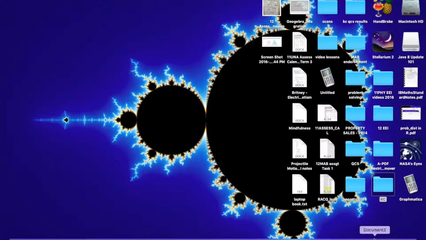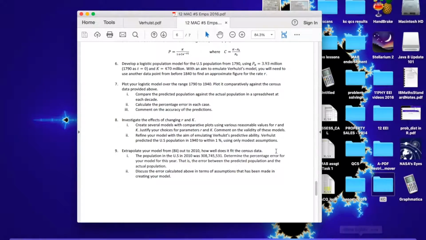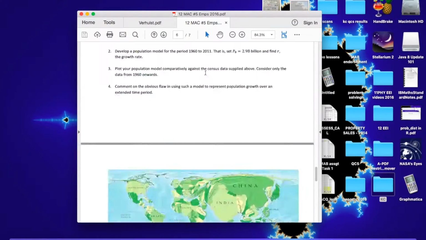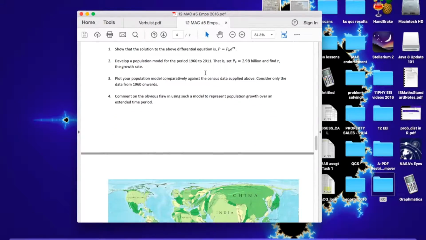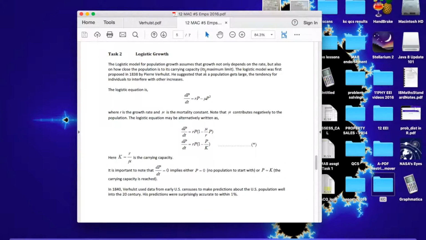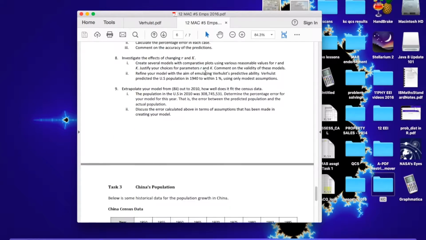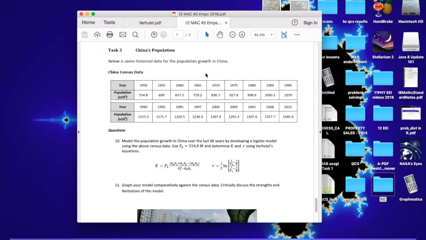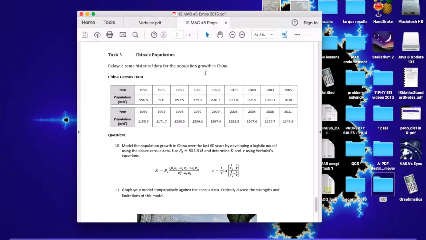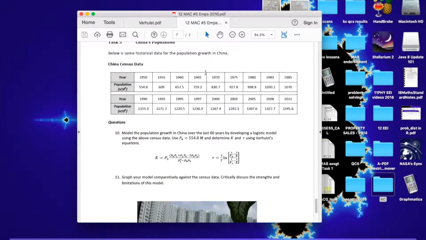Okay, so to get started, I thought we'll have a look at the task sheet. Here it is. I've updated this, so the only change has been to task 3, which is about the Chinese population, and I'm guessing that no one's really looked at this task yet, so that's probably a good thing that I've changed it now.